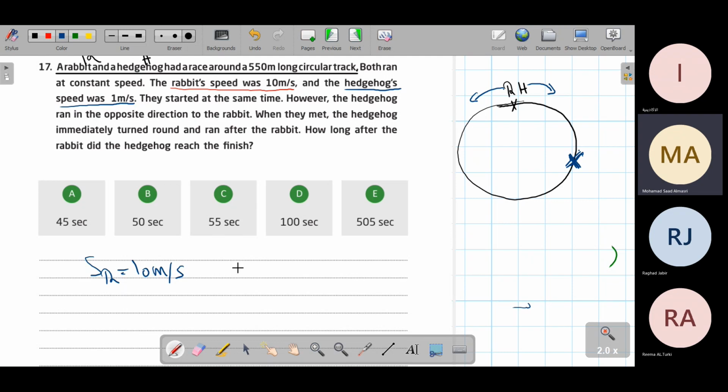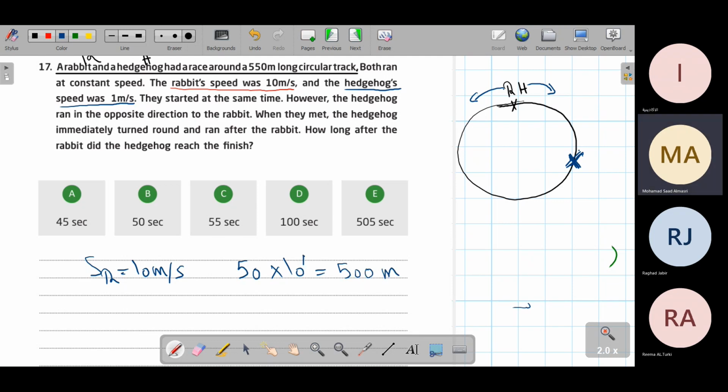So maybe after 50 seconds, for example. We need to try, of course. If I say 50 times 10, I will have 500 meters.